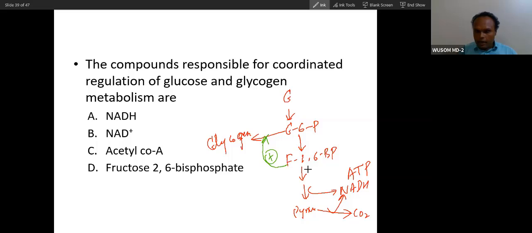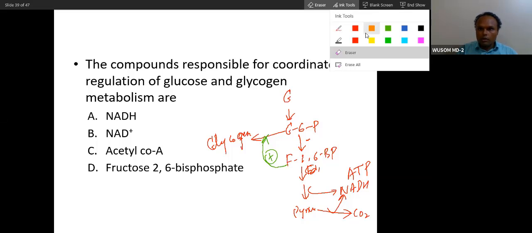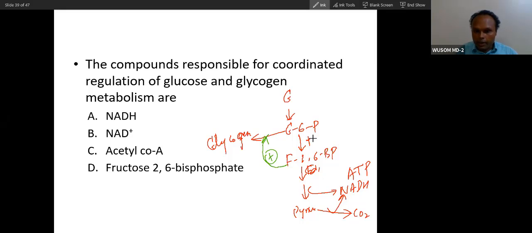So here is the enzyme, the very important rate limiting enzyme, the most important rate limiting pacemaker step, PFK1. Now you see this, when glucose is high, there will be a very high amount of fructose 2,6-bisphosphate. It will activate.